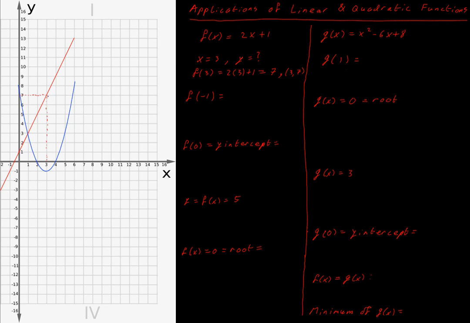So the coordinate was x is 3, y is 7. So in the door 3, up the stairs 7 gets us to our point on our red line, f of x. Now, we can see there that the algebra and the graph give exactly the same result.